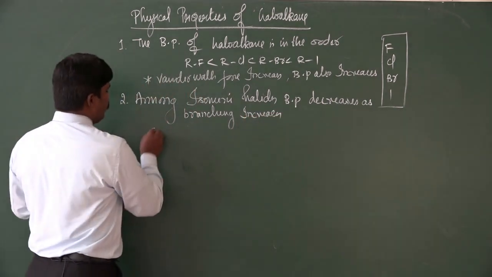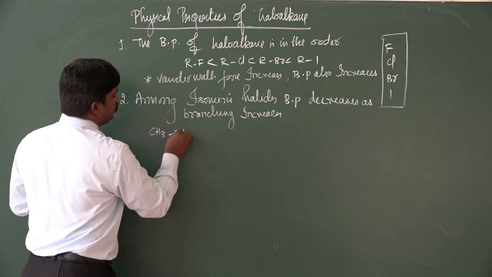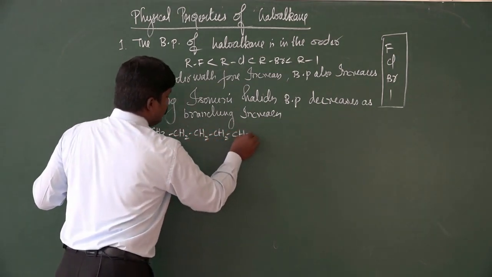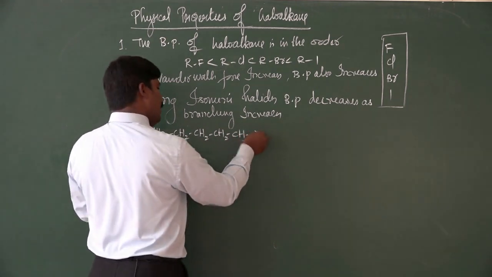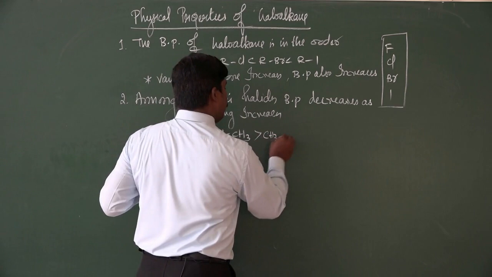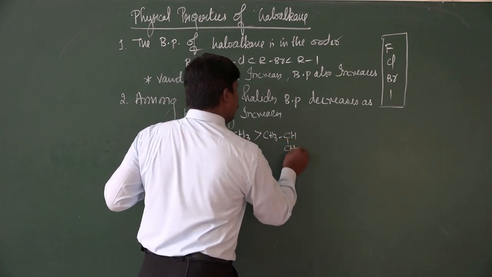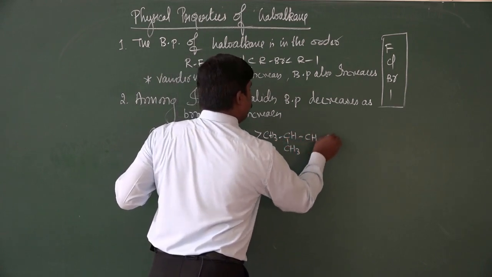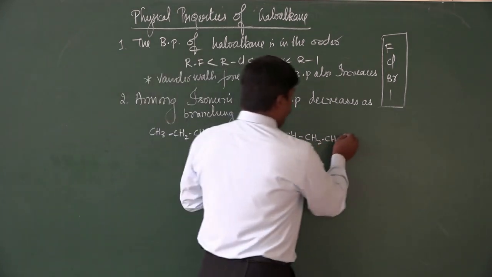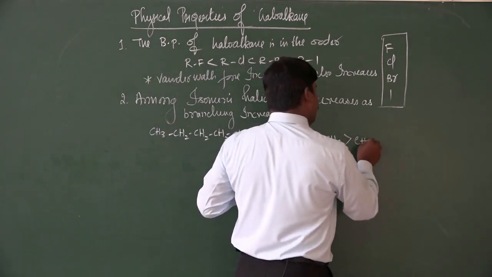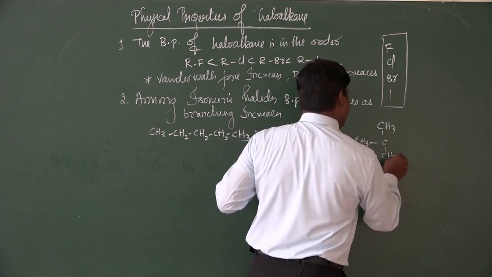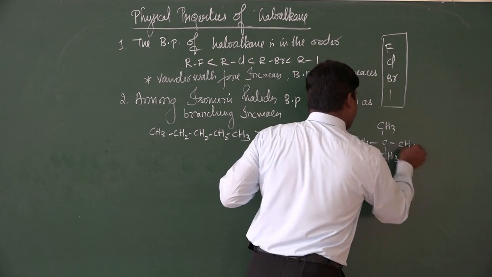That means if I take CH3, CH2, CH2, CH2, CH3, the boiling point is higher compared to the branched one, where a branching comes here: CH3, CH, CH3, then CH2, CH3. This boiling point is lower. As the branching is increasing, the boiling point decreases among isomeric halides.